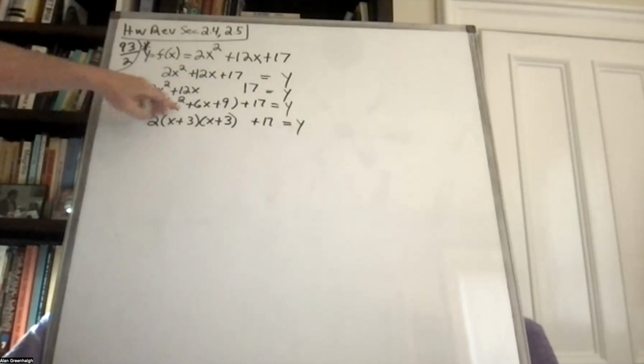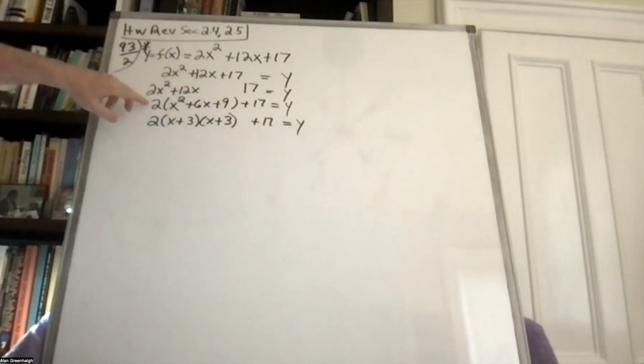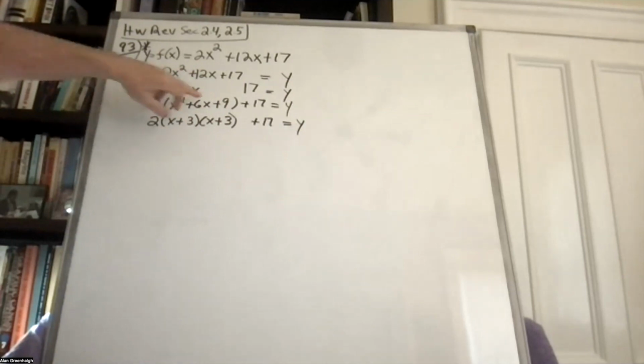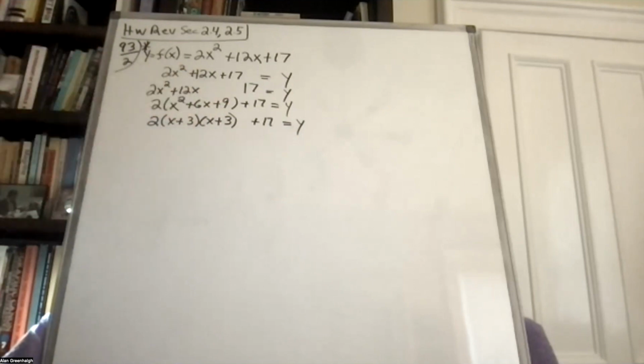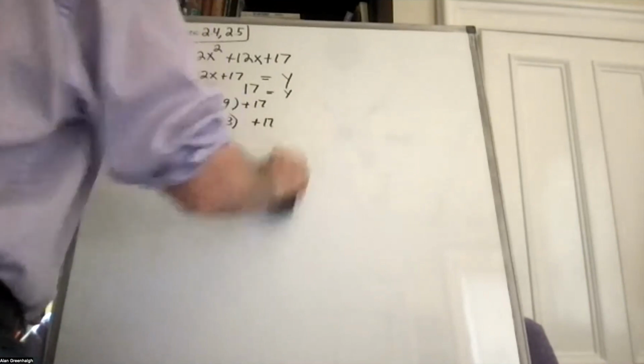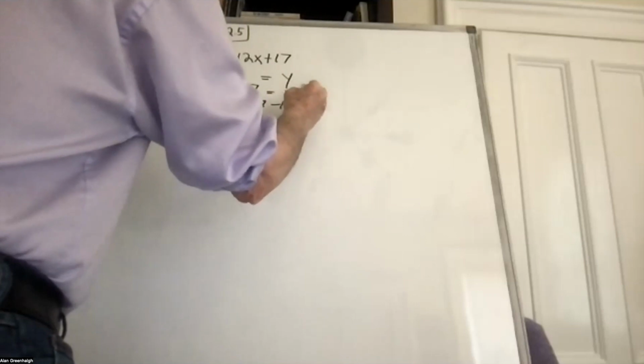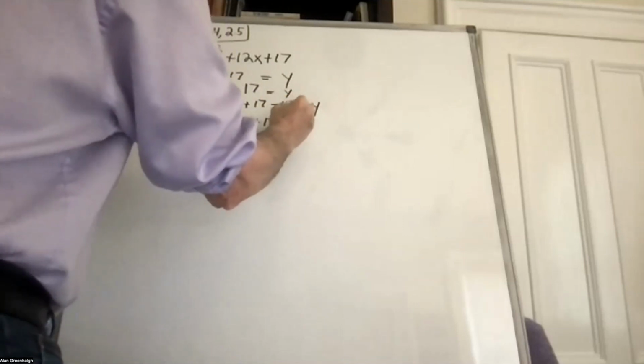But you can't just add a 9 over here. I really added a 9 times the number that was factored out. So I really added 18 to this particular expression. In order to offset that, we have to subtract 18.